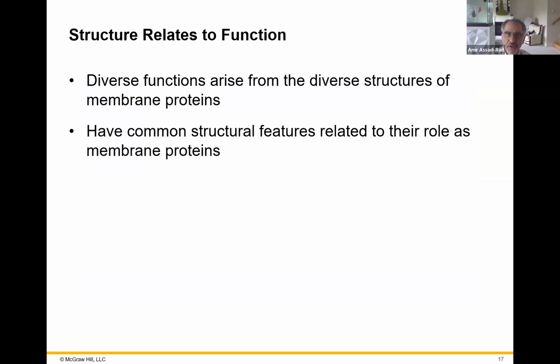Structure relates to function. Diverse functions arise from the diverse structures of membrane protein molecules. So the liver cells are different from your white blood cells because of their structures as well. They have common structural features related to their role as membrane proteins. They have a common structure, two layers of phospholipid, but the protein molecules make a difference.